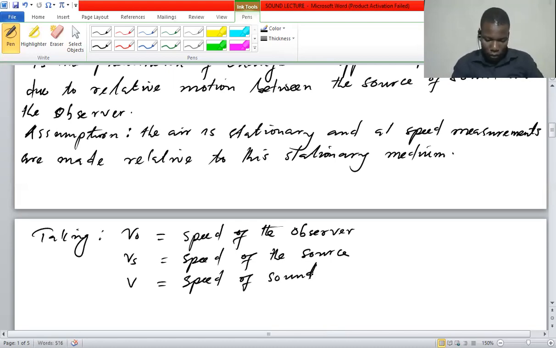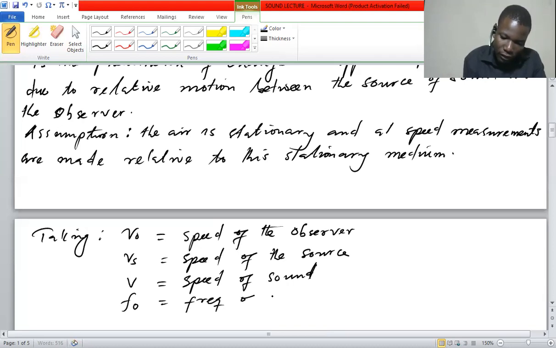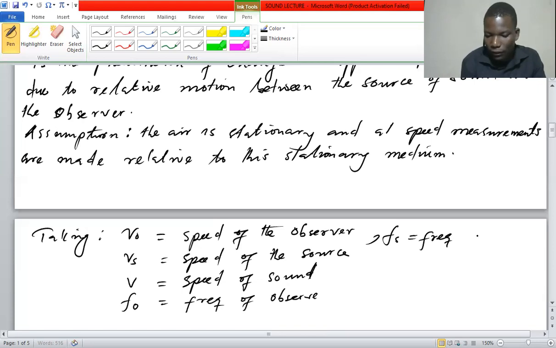Then we have the frequency of the observer, the frequency of the source, and the wavelength of the source as well.